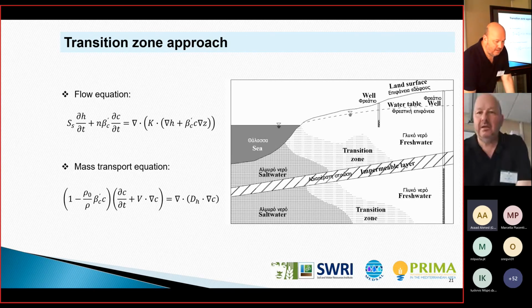So we can estimate the salinity close to a pumping well, and so the salinity of the pumped water, which is quite important.